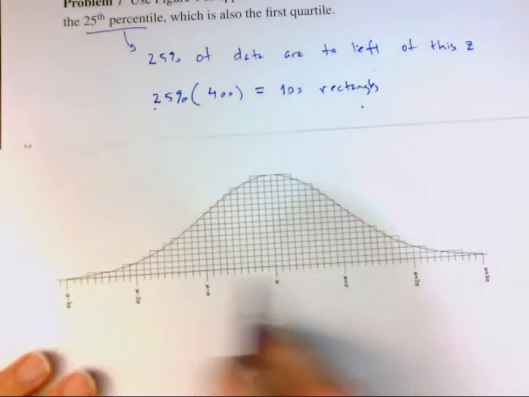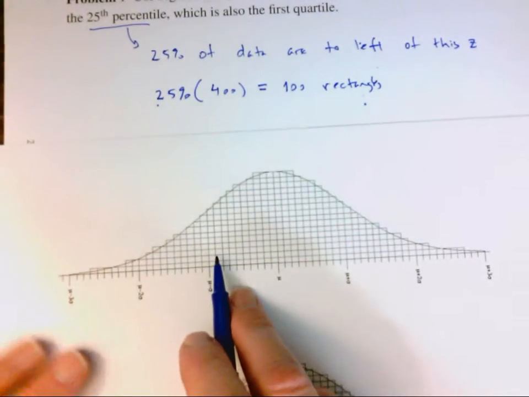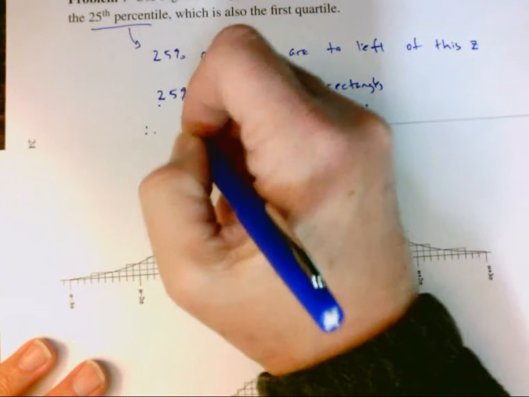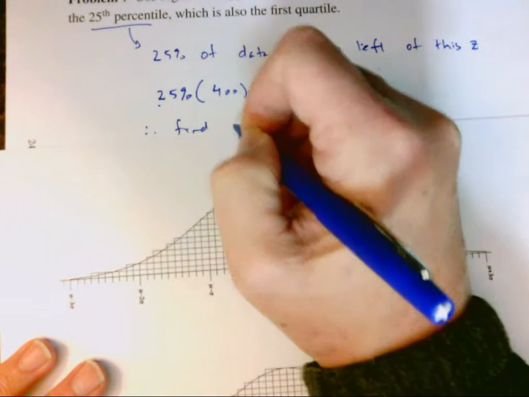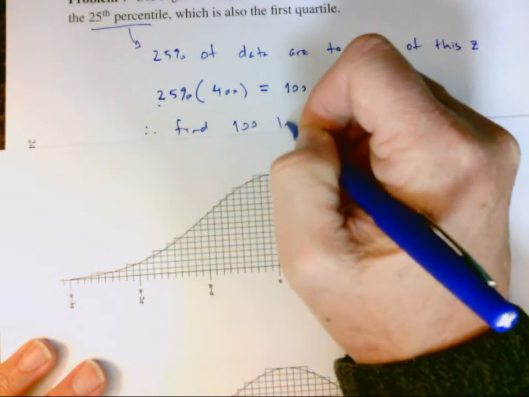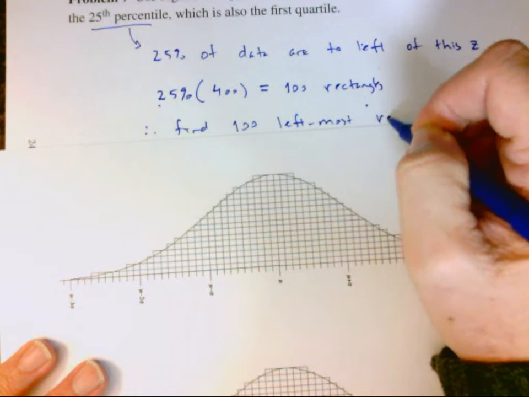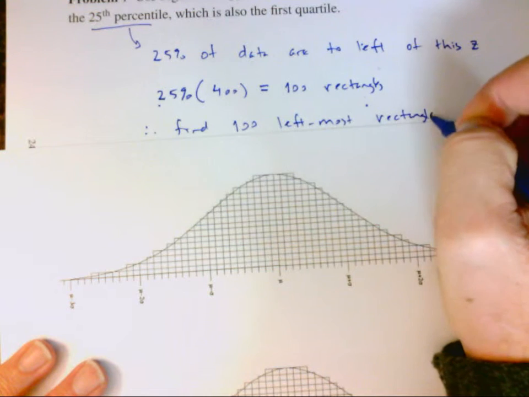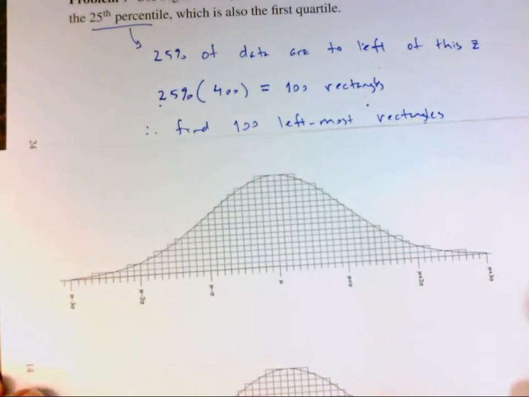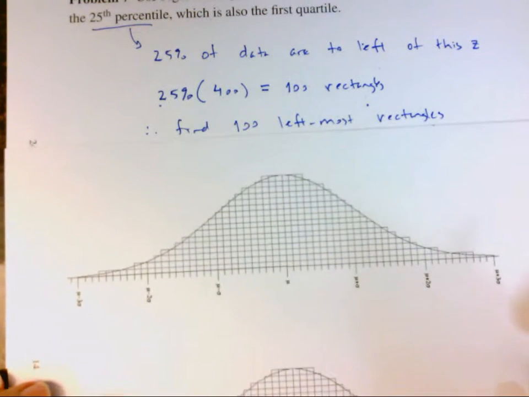So we want to find the 100 leftmost rectangles. There is probably some really fancy way of doing that. I'm going to simply count.